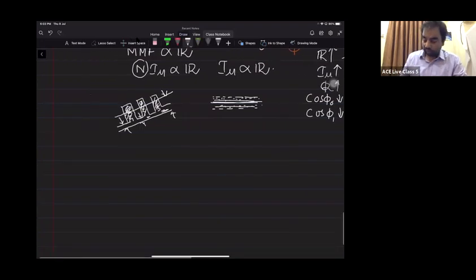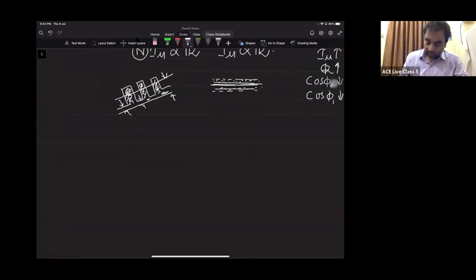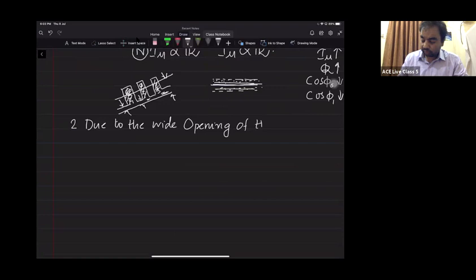The second drawback is, due to the wide opening of the slots, the average length of the air gap is increased.